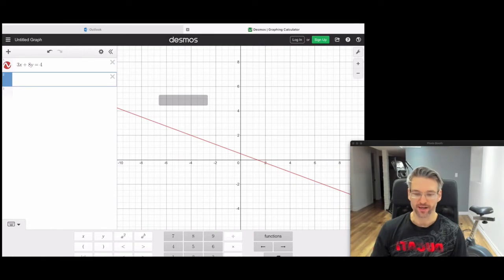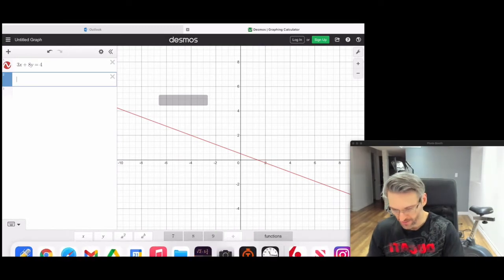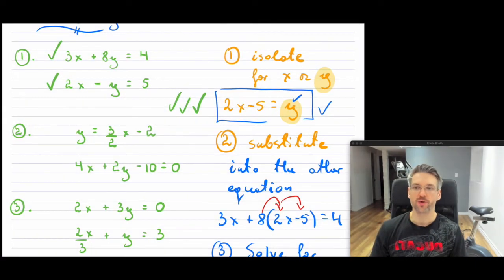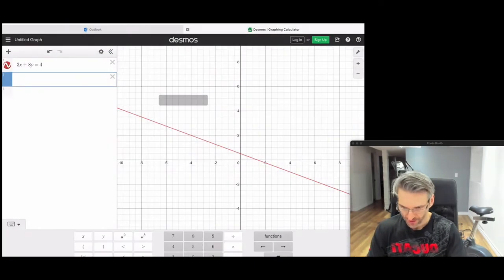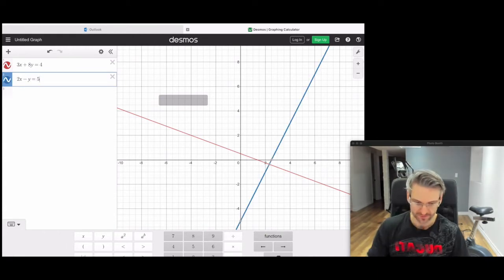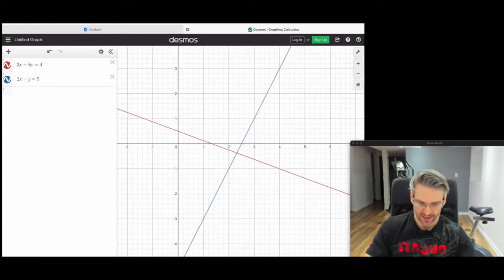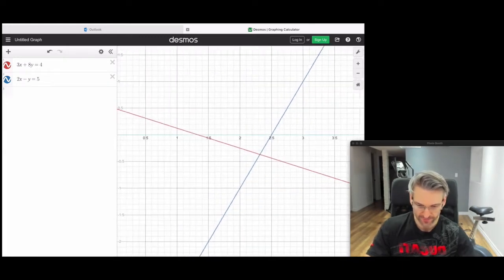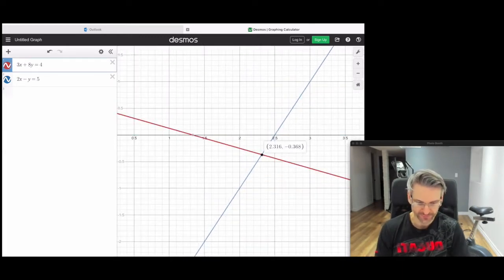So that's one line. And now the other line, 2x minus y equals 5. So notice that's where they intersect.